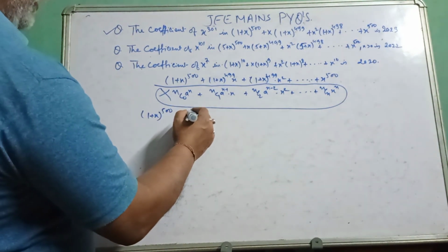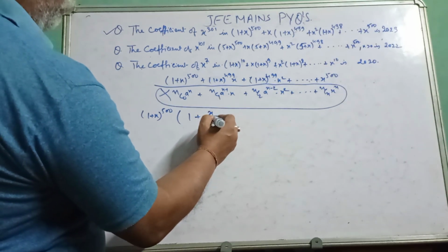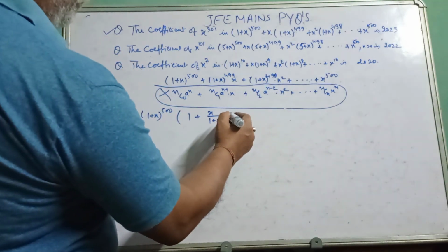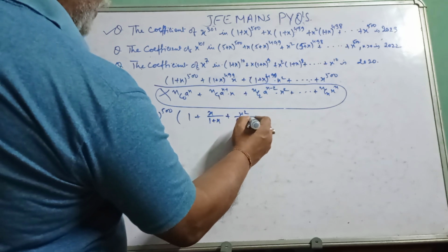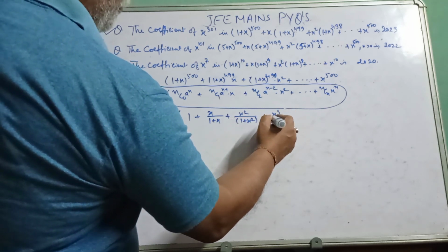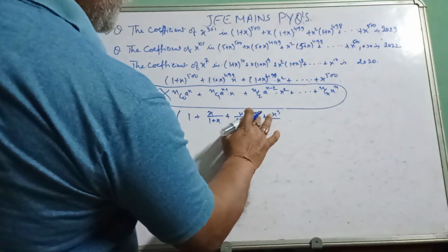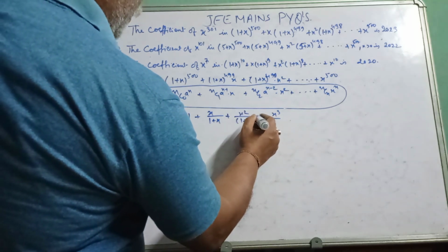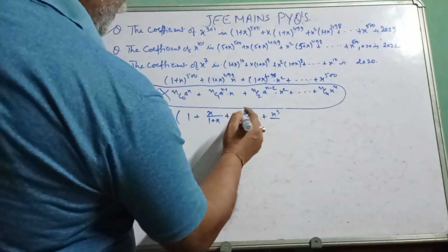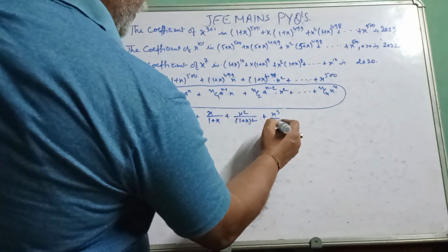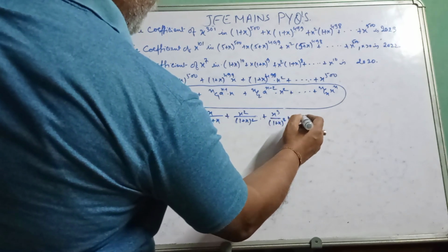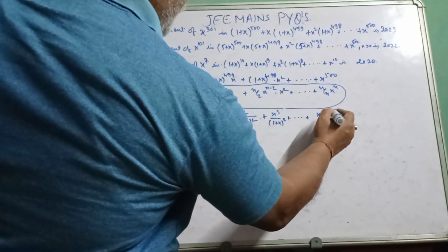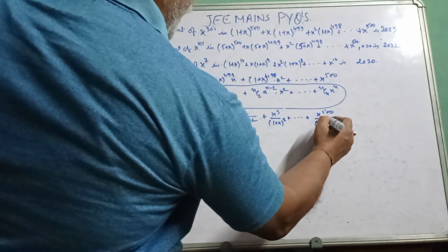So this will be 1 plus x by 1 plus x, then x squared by 1 plus x the whole square, x cubed by 1 plus x the whole cube, and this will go on to x to the power of 500 by 1 plus x to the power of 500.